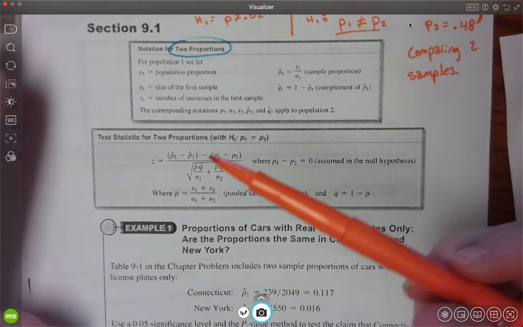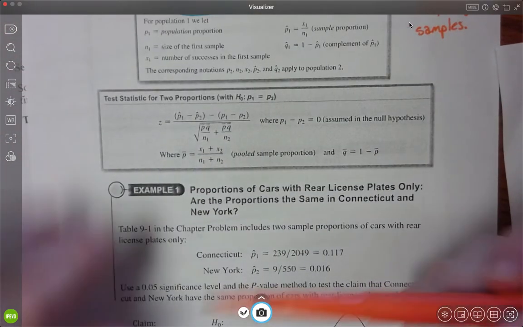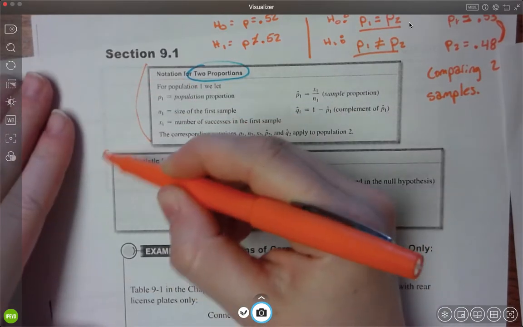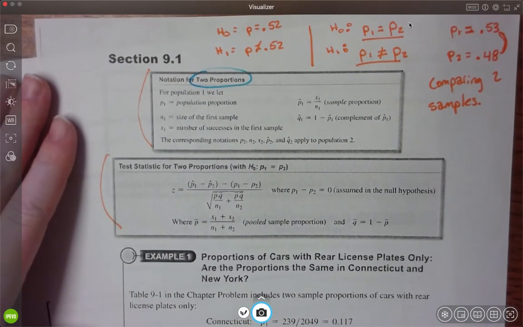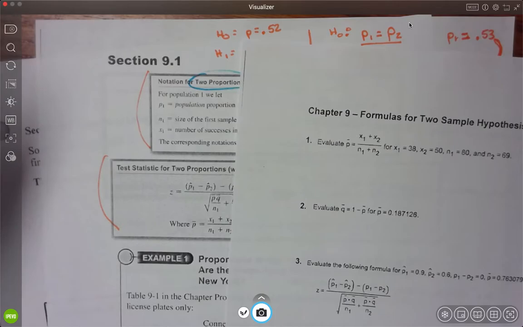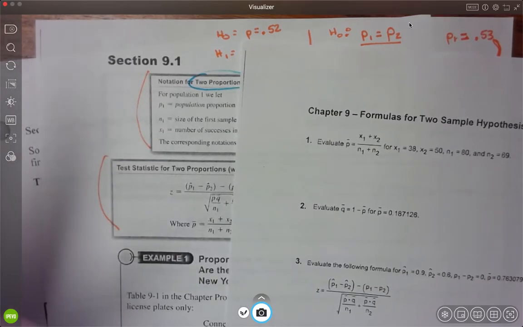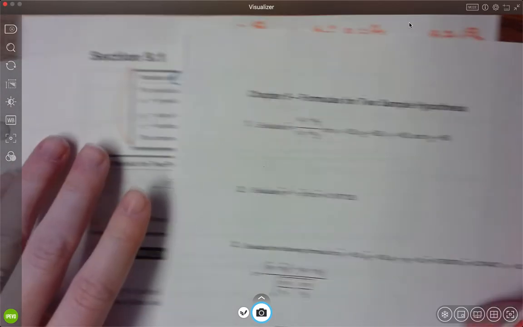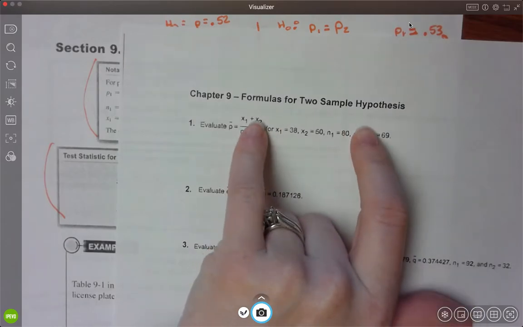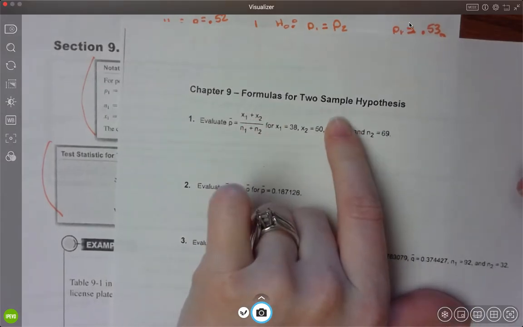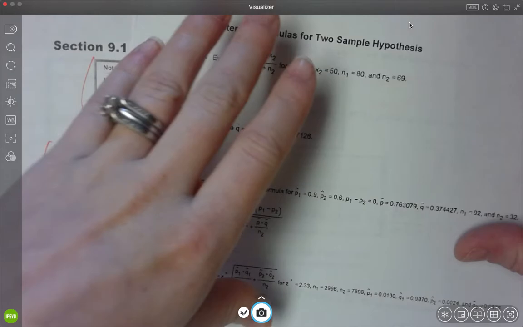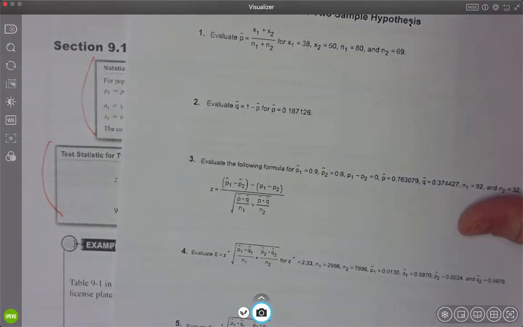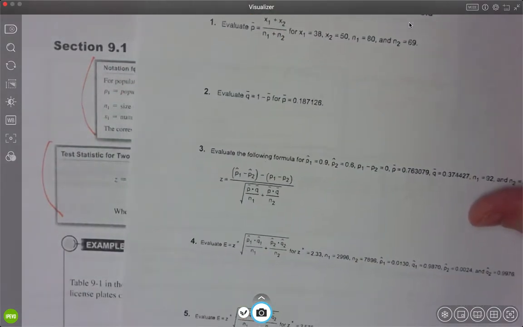All right, for the first part of this section, I'm not going to go through the notes or example 1, but I do want to talk about these boxes here. There are two homework assignments for section 9.1. The first one is called chapter 9 formulas for two sample hypotheses, and this sheet is what I'm going to go through with you, or some of them.